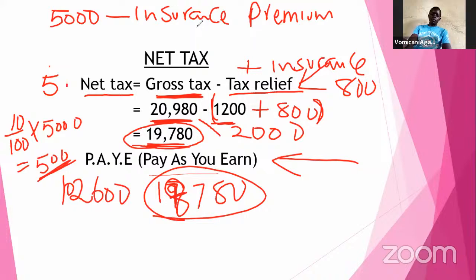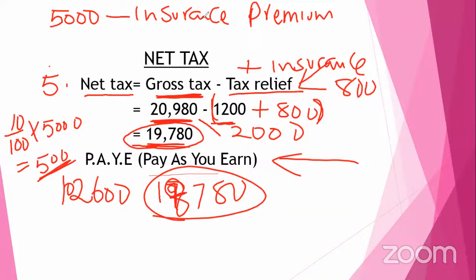Premium is money that goes to the insurance company. So the insurance company is expecting their 5,000, but the government will relieve you 500. So what is relieved is the gross tax, not the premiums. Premiums remain intact, 5,000.